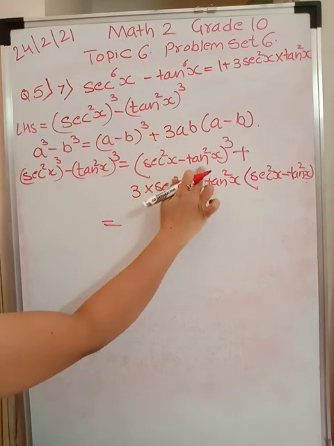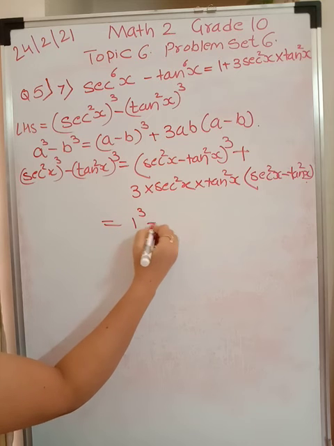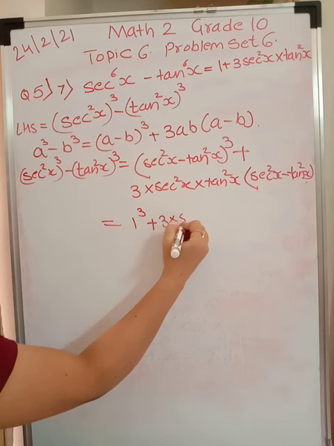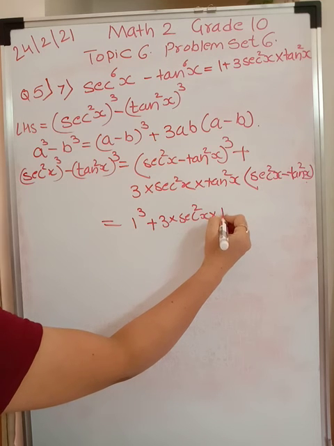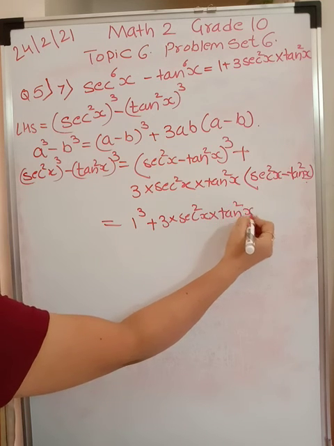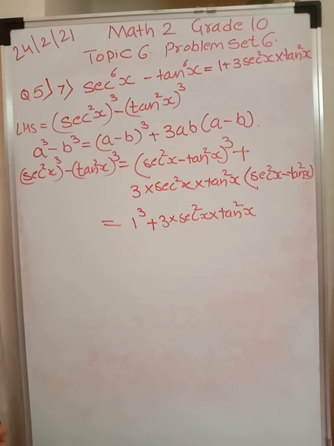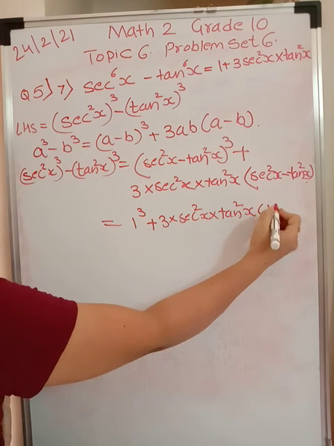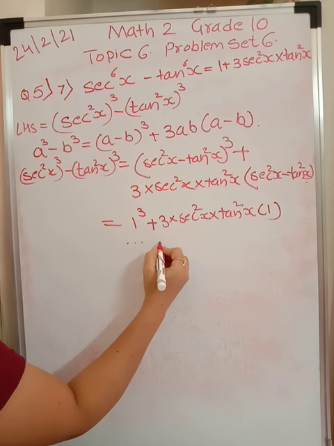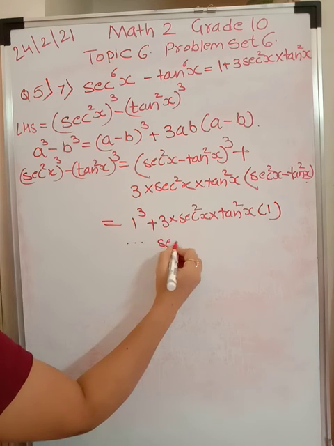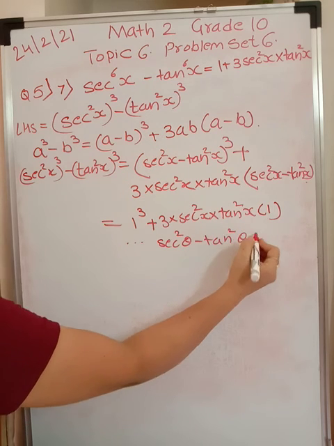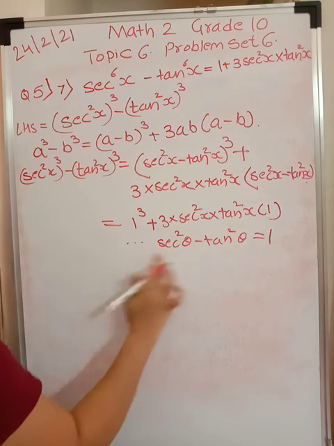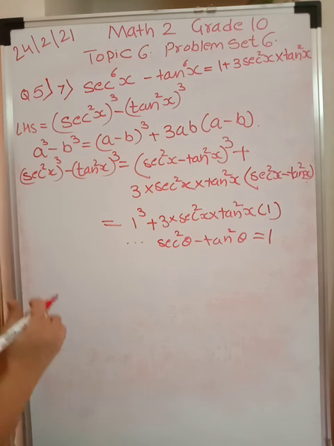Sec square theta minus tan square theta, 1 cube, plus 3 into sec square x into tan square x. Here sec square x minus tan square x, again it will be 1. What is the reason? You write the reason: sec square theta minus tan square theta is equal to 1. I don't have place, so I have written over here.